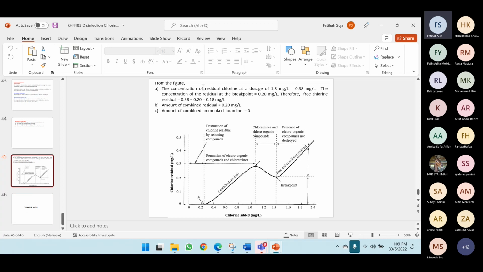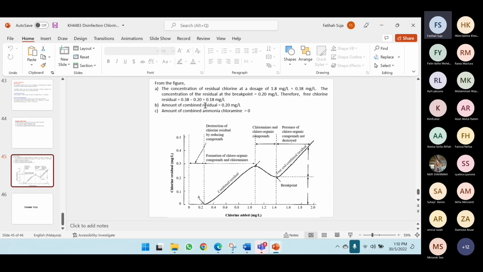Okay, from the figure, you know that for the concentration of residual chlorine at a dosage of 1.8 milligram per liter, this is your dosage, 1.8 milligram per liter, the concentration of residual chlorine is 0.38 milligram per liter.